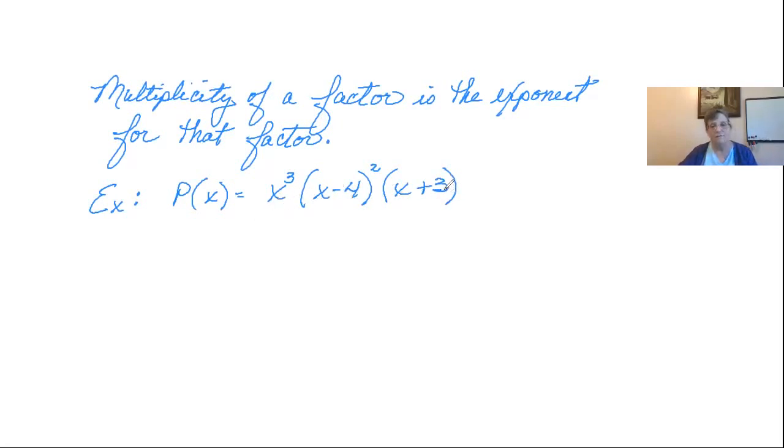When you set these three factors equal to 0, x is equal to 0 when x equals 0, right? So 0 is a zero. Positive 4 is a zero. And negative 3 is a zero.